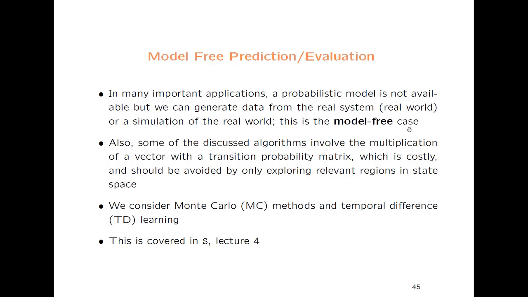I mean, let's say the policy might be available because it's under our control, but the reward function and the conditional probabilities, transition from S to S prime, these probabilities are not known.